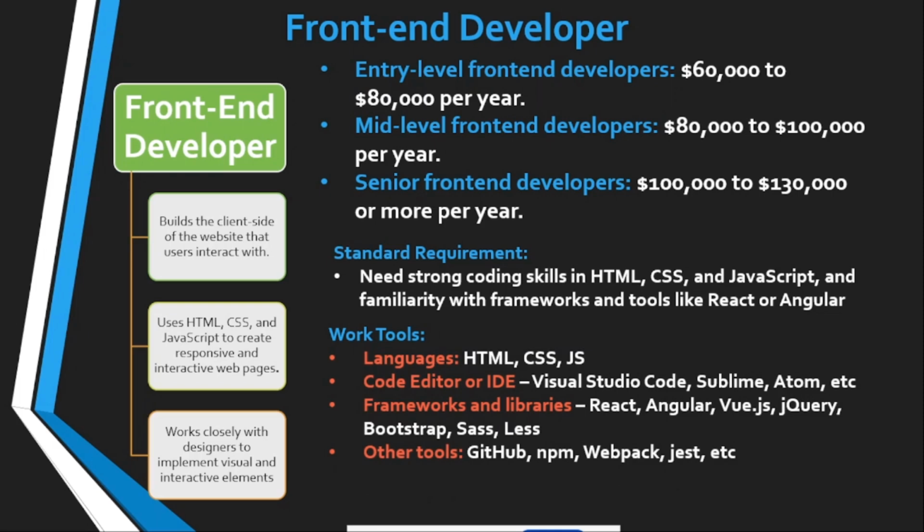Other tools that you may hear front-end developers make use of are GitHub, Node Package Manager, Webpack, Jest, and so on. There are so many tools that they make use of. We cannot stress all of them.